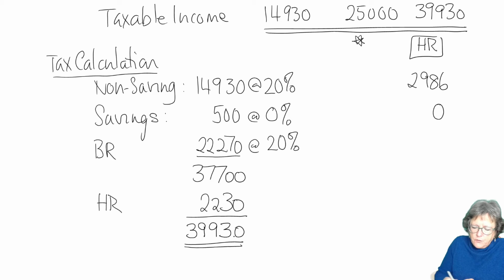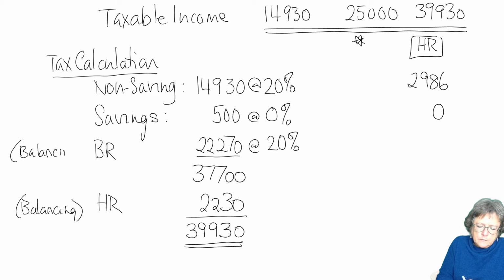So that's a balancing figure between the basic rate band and the total. And that's also a balancing figure. And that's why this safety net here is so important.